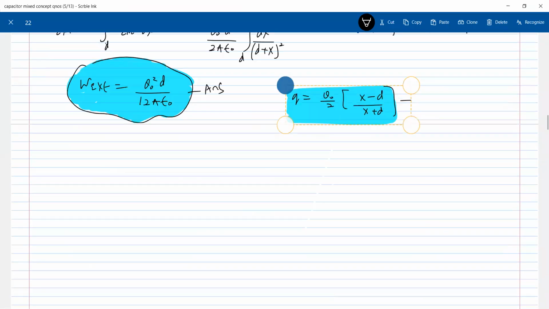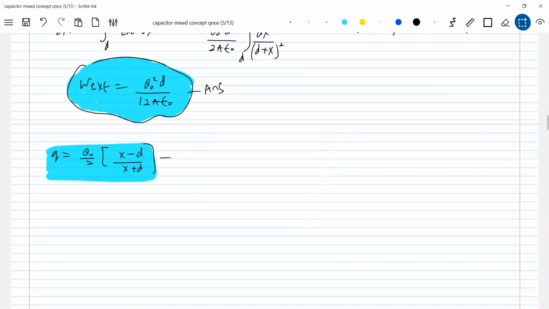I'll go to the next part of the problem. So this was the charge, what we know. Let's calculate the final charges on both the plates.